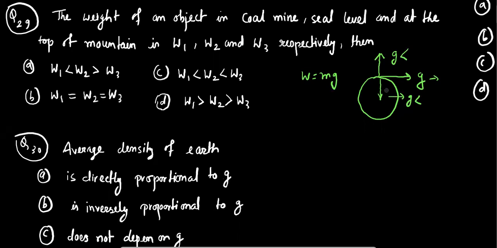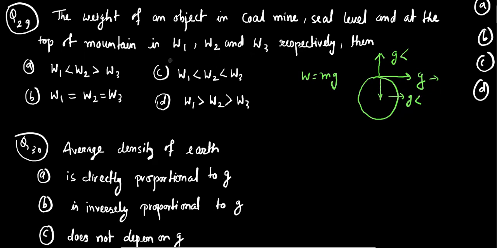Okay, so we can easily say that acceleration due to gravity at the surface is more as compared to the coal mine and on the top of the mountain.